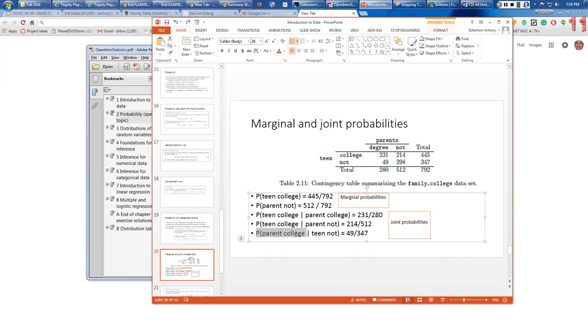In that row, parent attended college is 49. So the probability of parent attended college when the teen did not attend college is 49 over 347. These are called joint probabilities. So if you have a contingency table like this, you can use this logic to calculate marginal and joint probabilities.